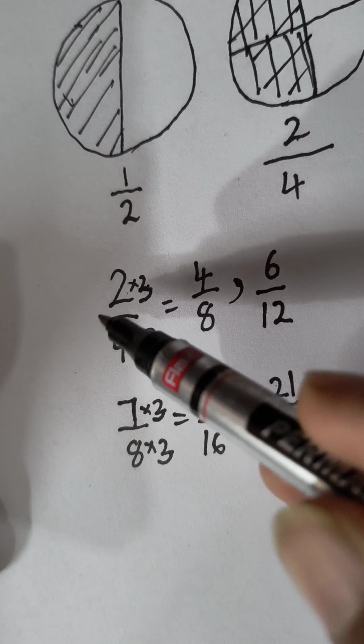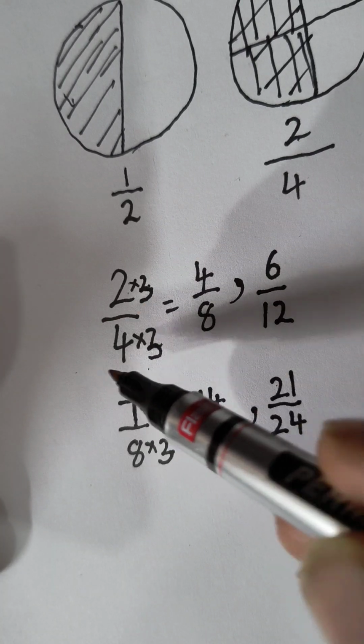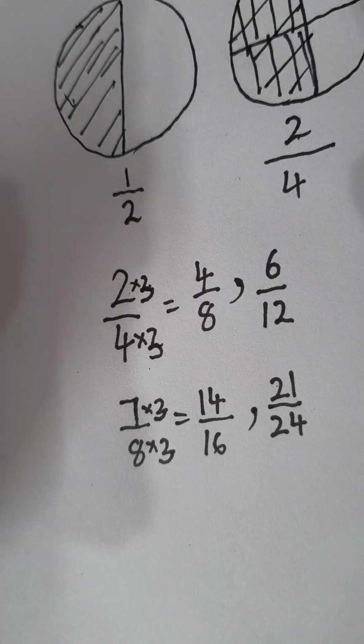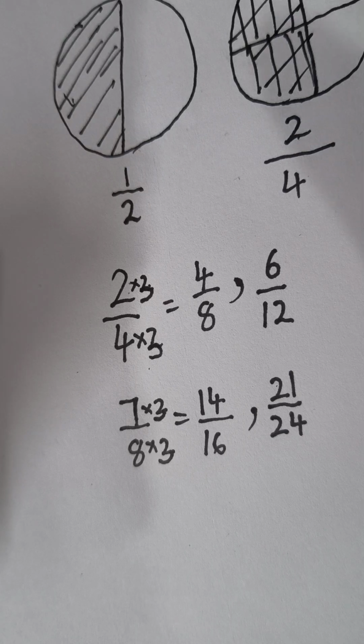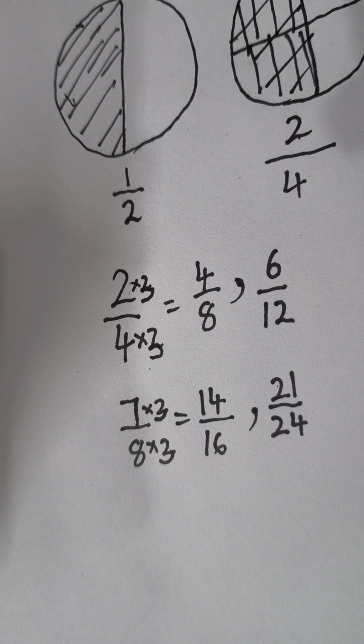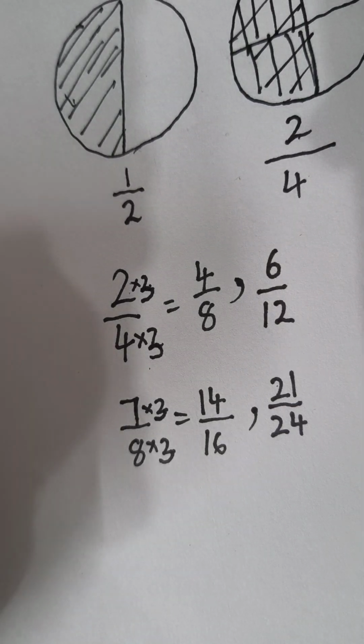Then the next one, 2 multiplied by 3 and 4 multiplied by 3. So just go through the question very nicely. If the word next comes, then you have to go in a proper order. Multiply the numerator as well as the denominator first by 2 and write down the answer. And for the second equivalent fraction, multiply the numerator as well as the denominator by 3 and write down the equivalent fraction. If you practice, it is not difficult at all.